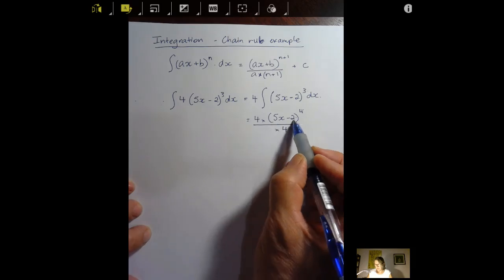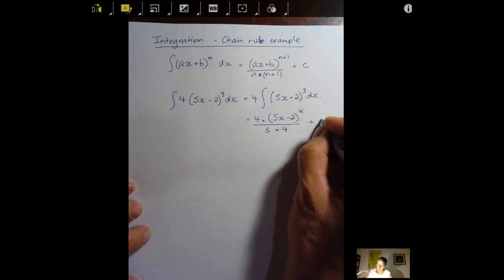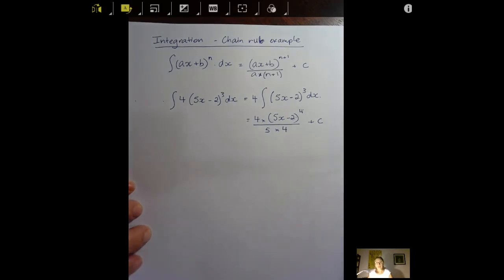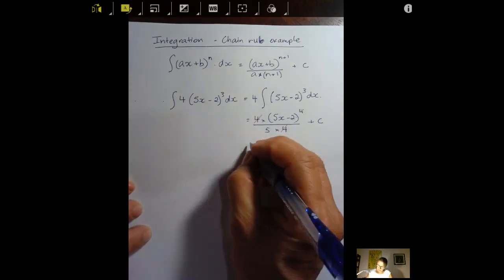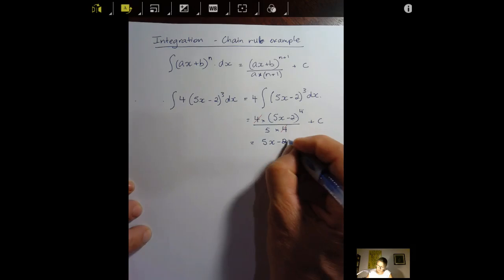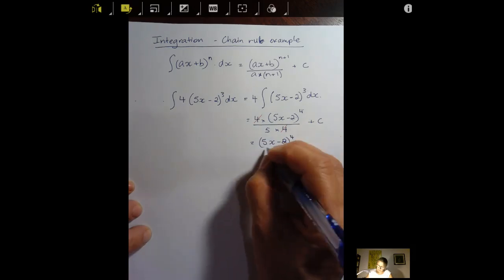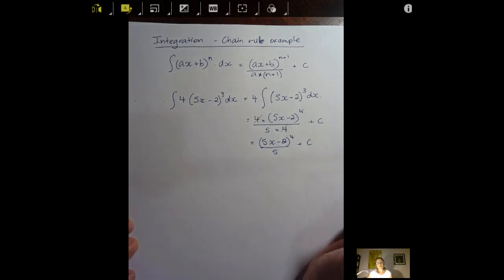In this case, the derivative of 5x minus 2 is just going to be 5. And add my constant on there. So 4 divided by 4 leaves me with 1, and so my answer is 5x minus 2 to the power of 4 divided by 5 plus c.